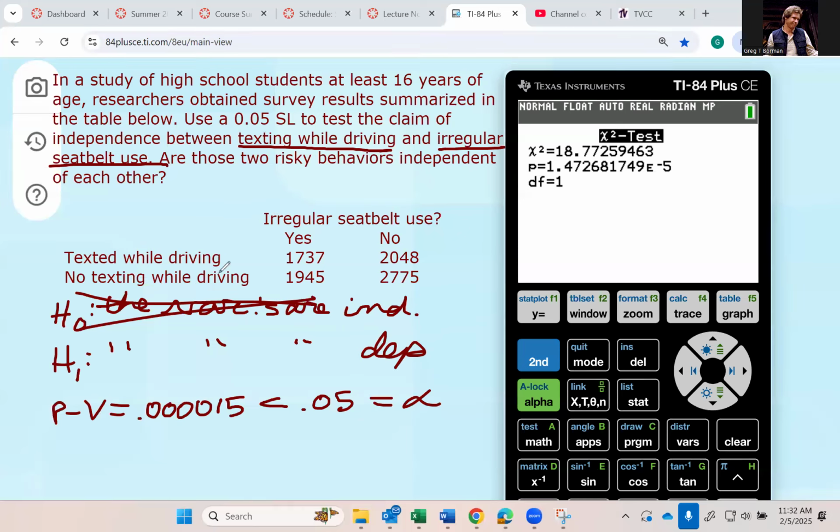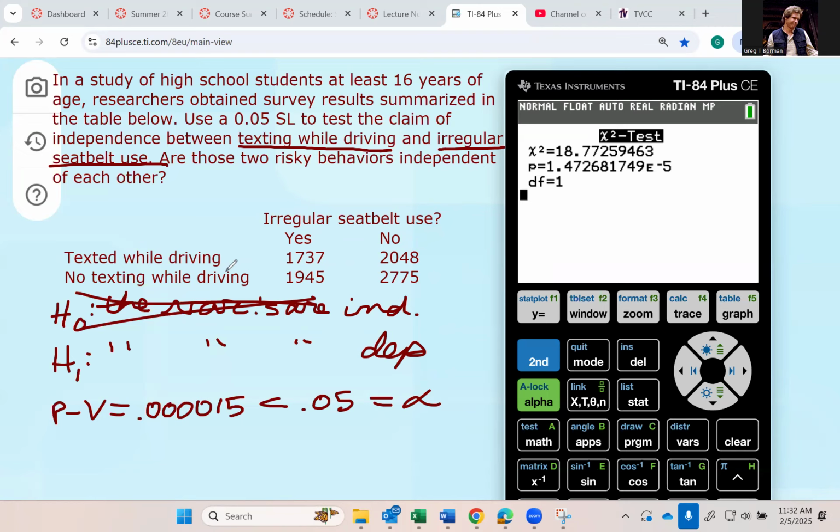Now, this doesn't tell us that if you text while driving, you're more likely to not wear your seatbelt, or if you do wear your seatbelt, you're more likely to not text while driving. It doesn't say that. But what it does say is that there's some type of dependence there.